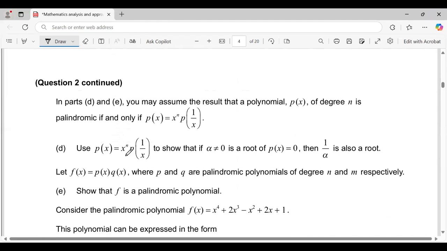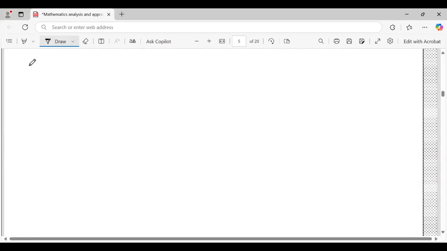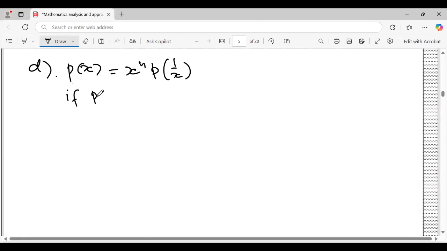Use this to show that if alpha not equal to 0 is a root of P(x) equals 0, then 1 over alpha is also a root. So if alpha is a root, P(alpha) equals 0, which implies alpha to the power n times P of 1 over alpha equals 0.